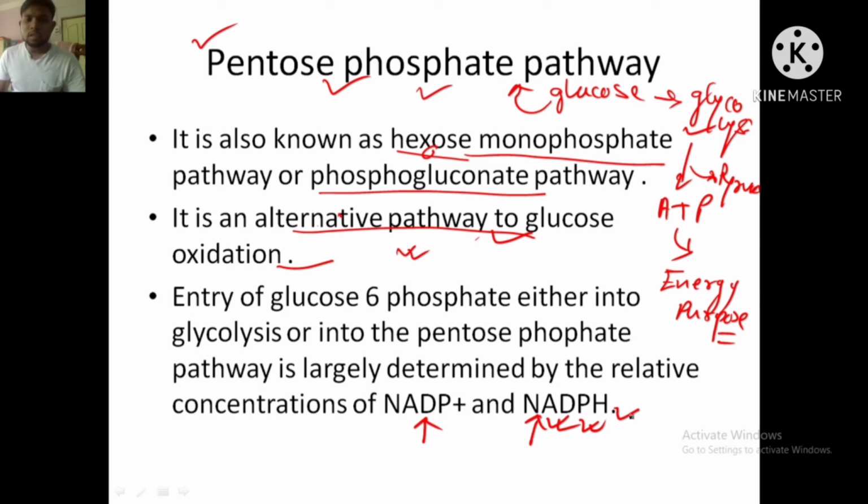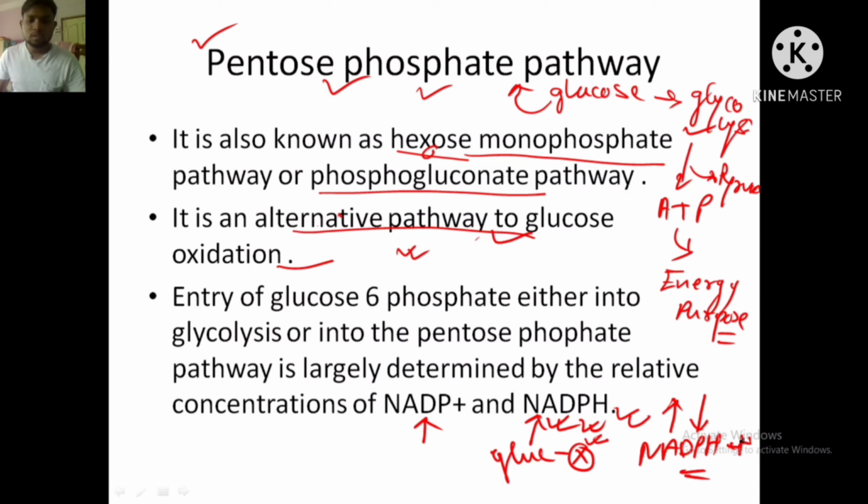If the concentration in the cell is high of NADPH, then glucose will not enter into pentose phosphate pathway. If the NADPH concentration is less, so cells require NADPH. So cell will allow pentose phosphate pathway to produce NADPH.